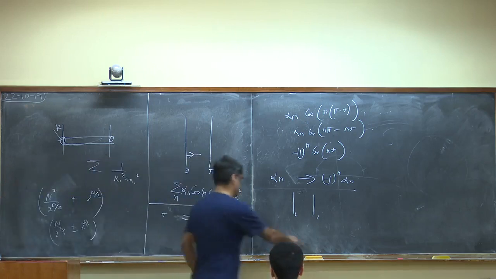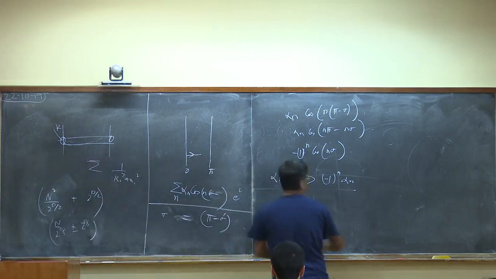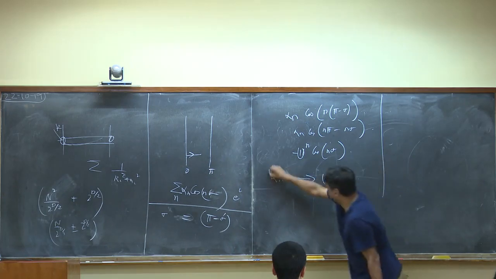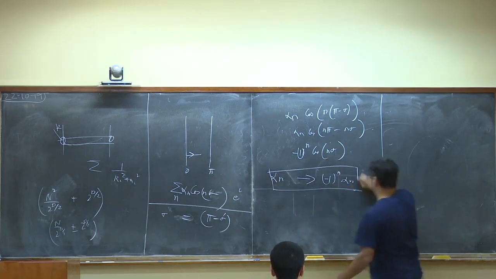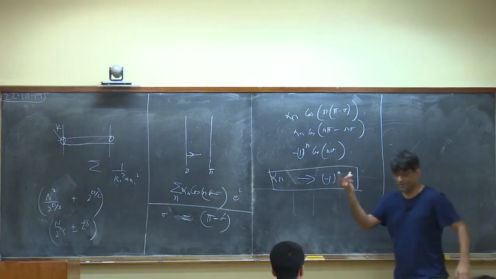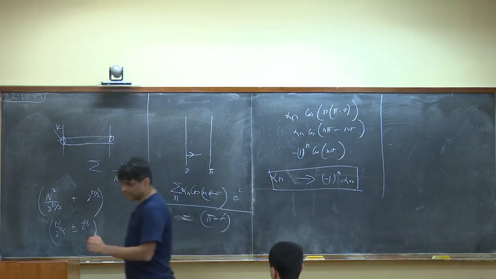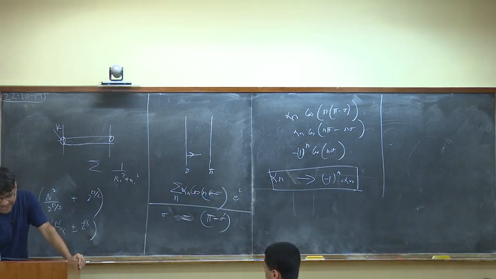Okay. So let's take a minute. We've already figured out the action of orientation on the oscillators. Now let's take a minute to figure out what the action on the Chan-Paton factors might be.